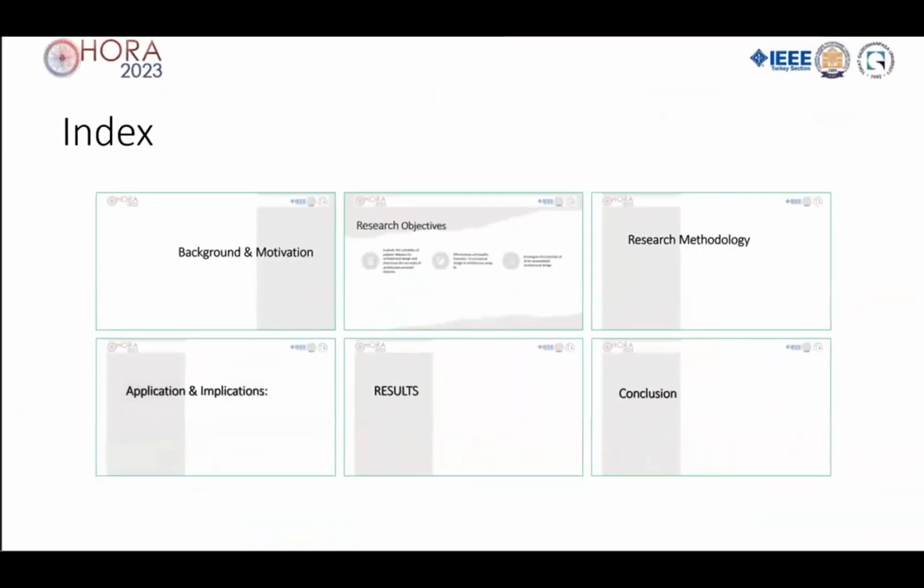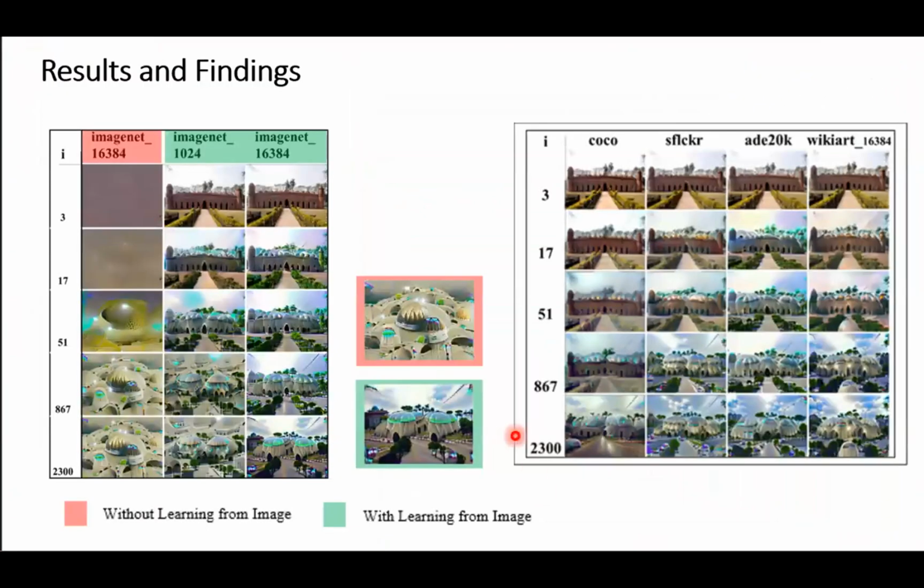So let's move to the results section. Before this procedure, we tested and defined some of the results that we are going to use, and we compared those. The first line that we are seeing, the red mark, is where we let the machine generate without letting it know the image.